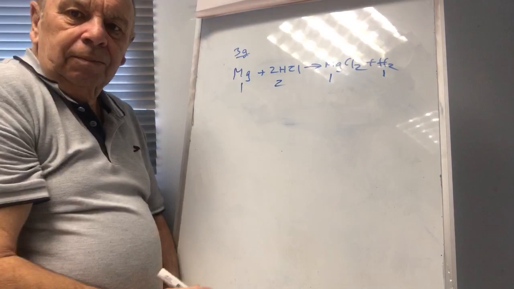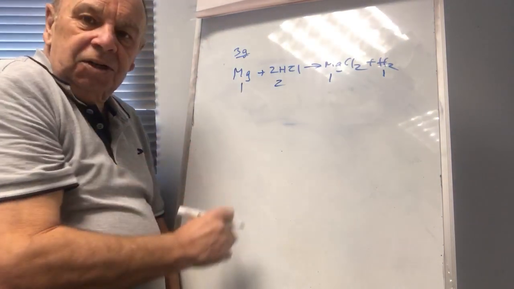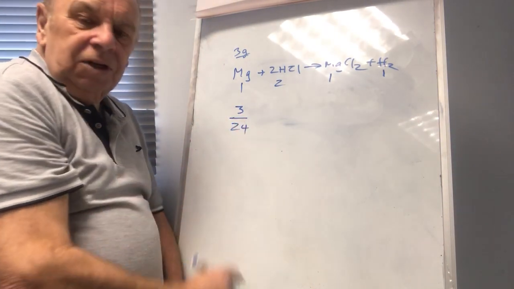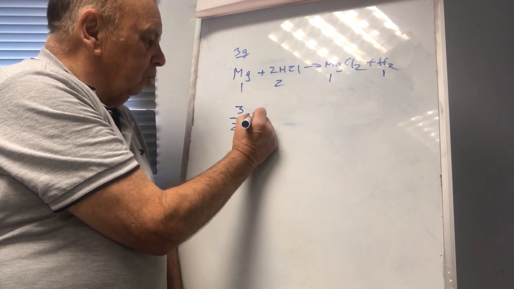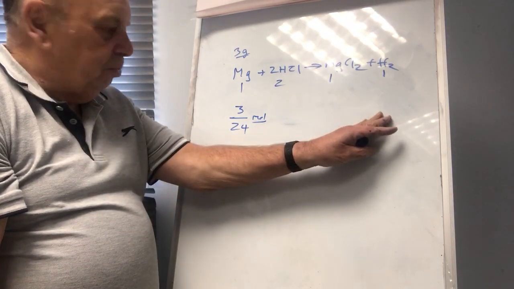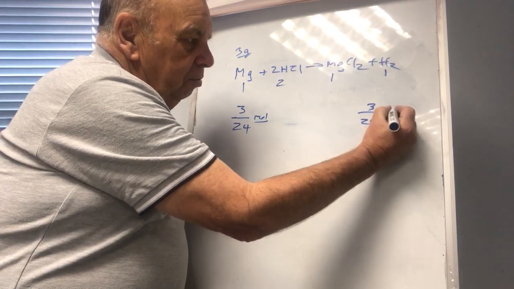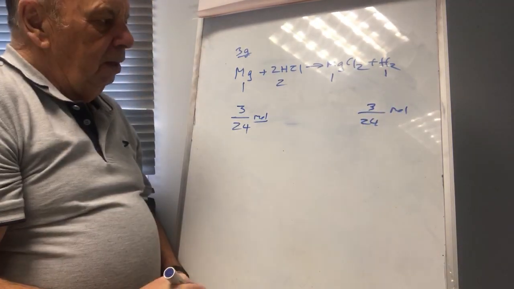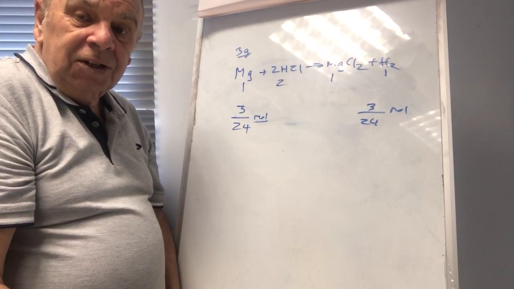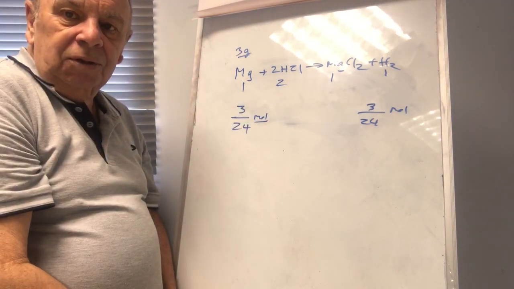I've got 3 grams of magnesium. The relative molecular mass of magnesium is 24, so I've got 3 over 24 moles. And guess how much hydrogen is produced? It's going to be the same, 3 over 24 moles. And I could have said how much hydrochloric acid is going to be used. It would be twice that amount of moles.